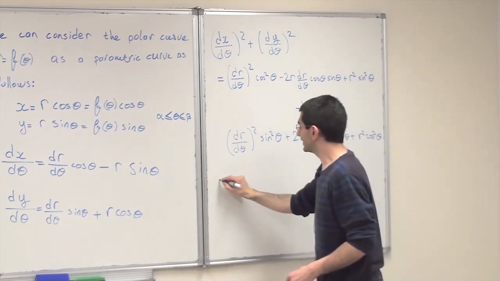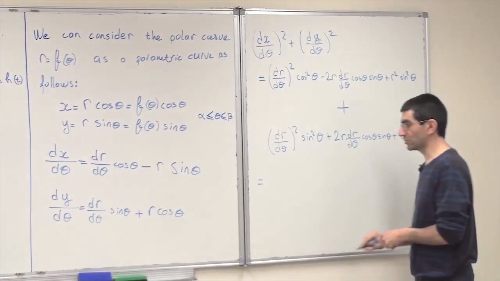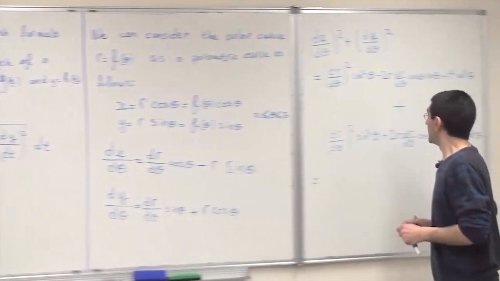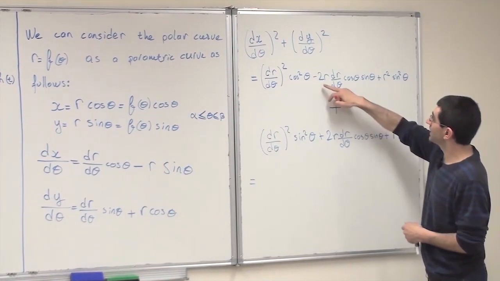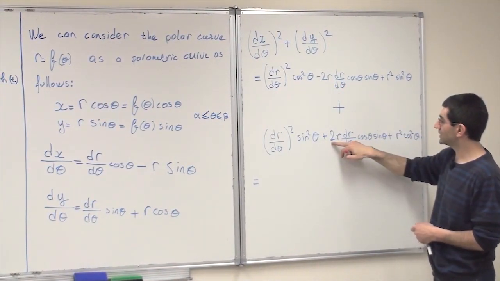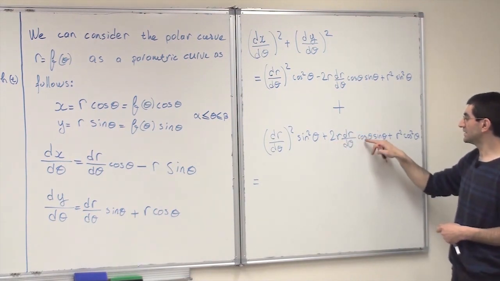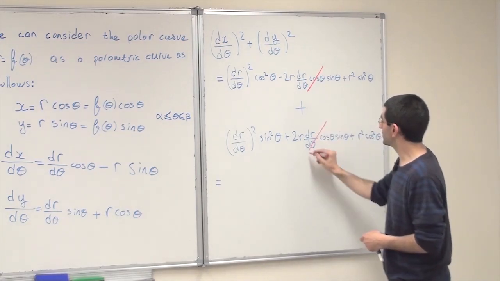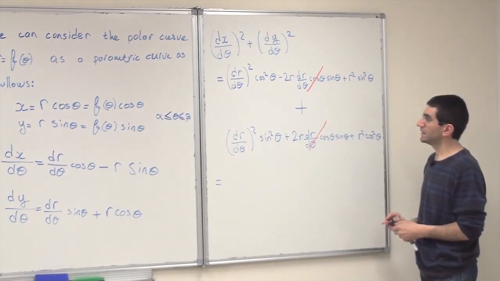Now let us simplify this formula. As you see, we have minus 2r dr over d theta cosine sine and plus 2r dr over d theta cosine sine, so these two expressions cancel each other.